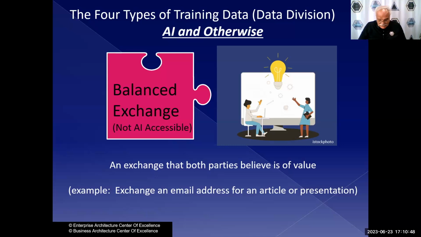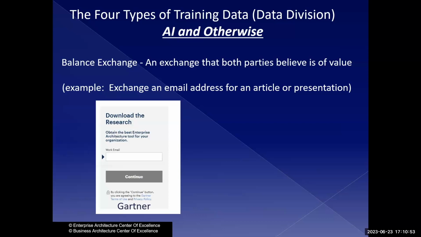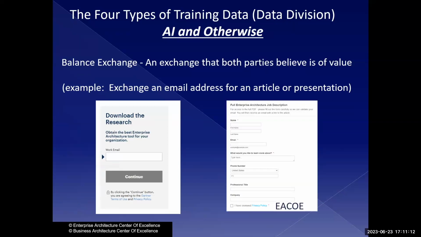But let's give you an example. A very prestigious organization that you probably know is Gartner Group. You want certain types of research from them, you'll have to put in your email address. Of course, that is validated by Gartner and some obviously software in the background, and then you get that particular article. There's an exchange of value that's there. And of course, the same thing on our site.